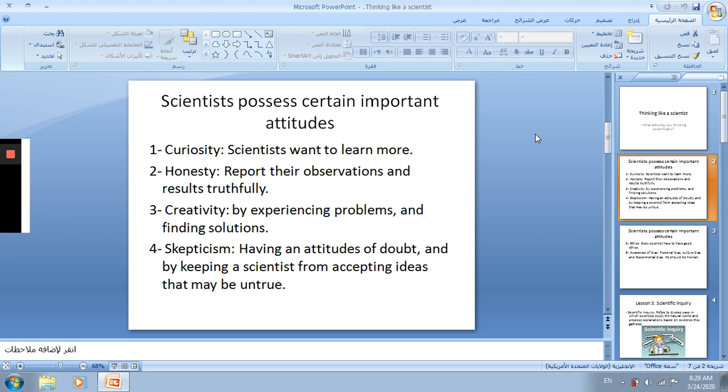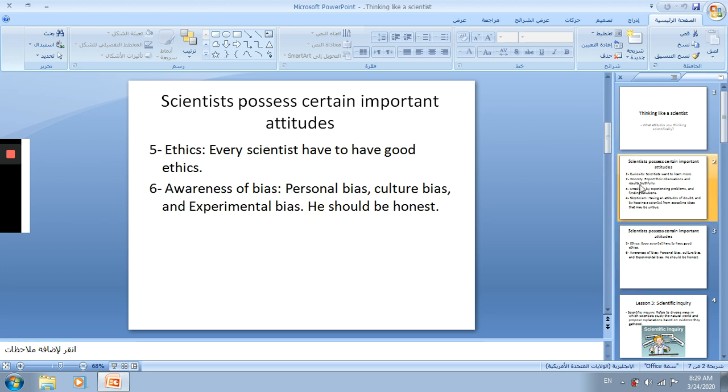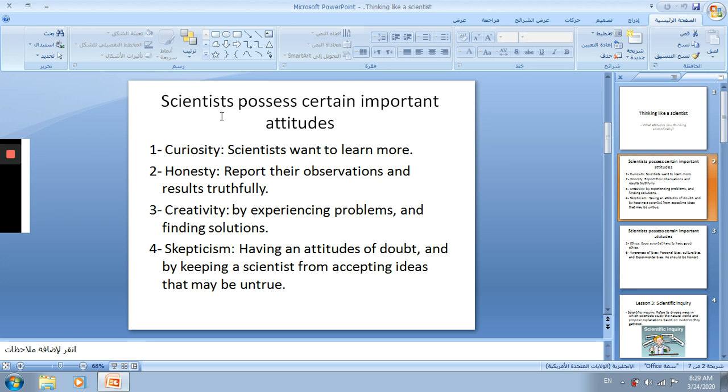Here we have six important steps, attitudes that scientists possess. These attitudes mean behaviors, scientist behaviors.